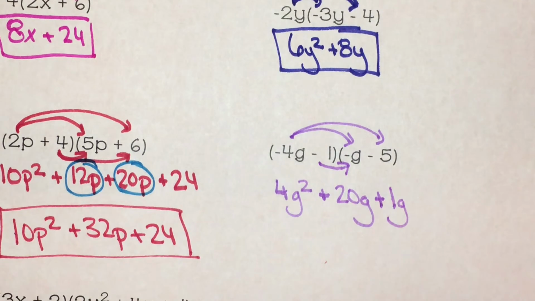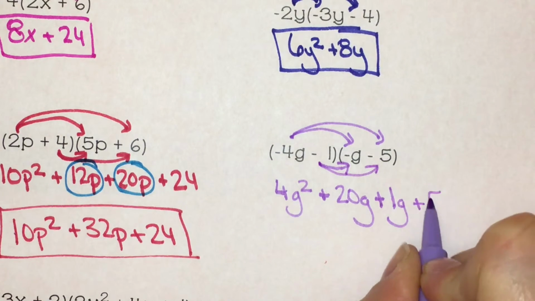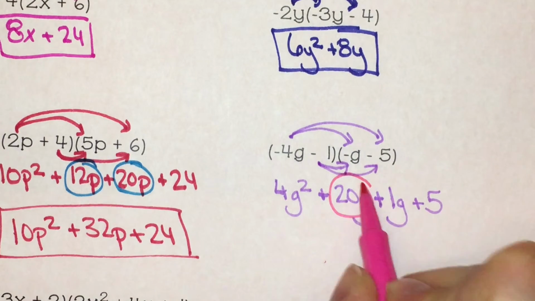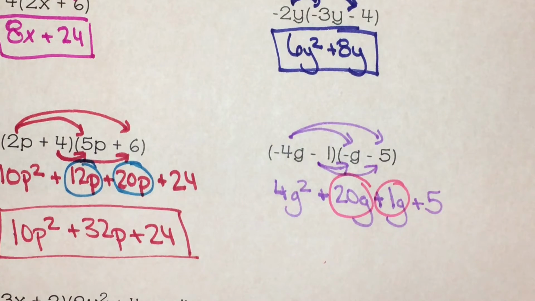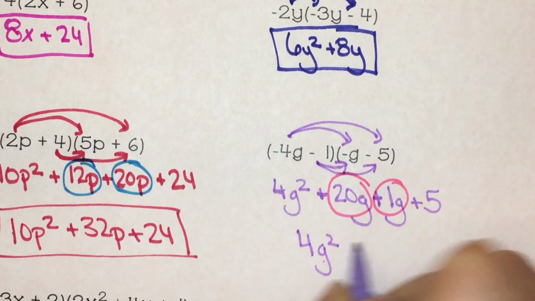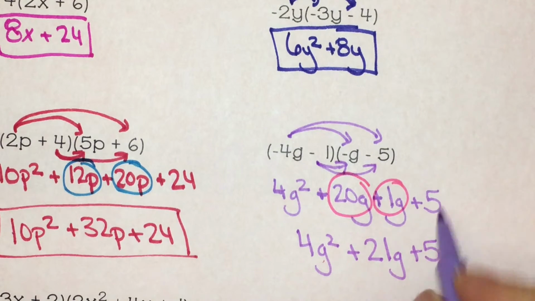I'm just going to put the 1 there since I do know I have to combine like terms. And negative 1 times negative 5 is positive 5. All right, combining the like terms, I have 20g plus 1g. So here I have 4g squared plus 21g plus 5.